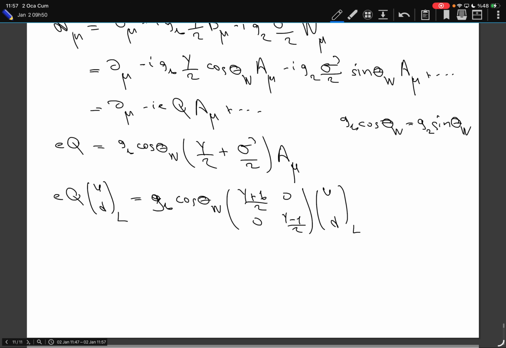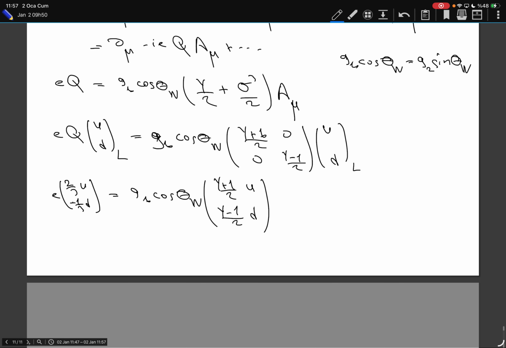Well, this is e times 2/3 U minus 1/3 D, which should be equal to G1 cosine theta Weinberg, y plus 1 over 2 U, y minus 1 over 2 D. Well, 2/3 e, minus 1/3 e. I'm just subtracting the coefficient of UL and DL from both sides.